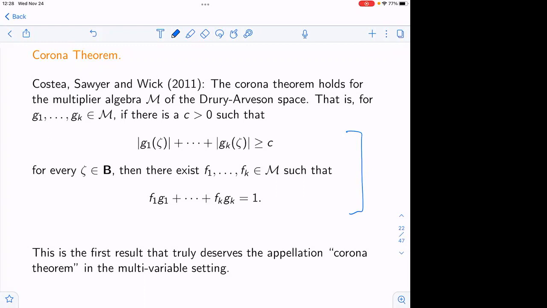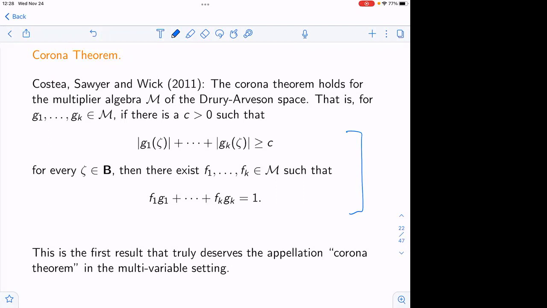If you search the literature, there are various attempts at the corona theorem in the multivariable case, but so far, I think this is the only one that actually deserves the name corona theorem in the multivariable setting.